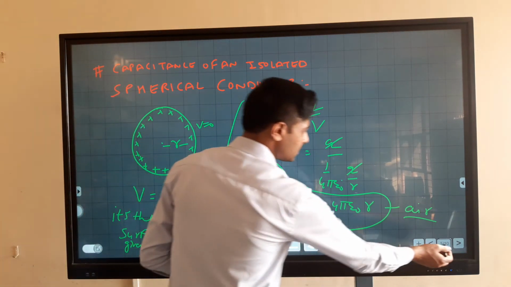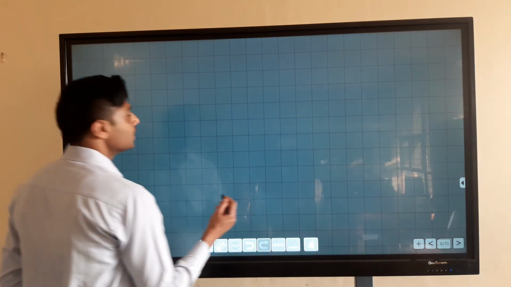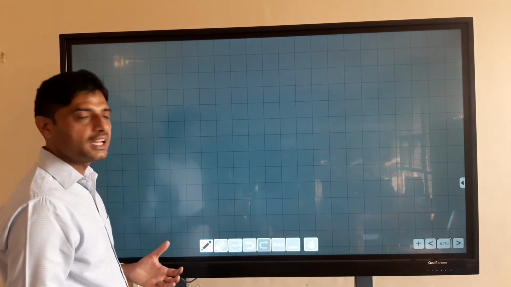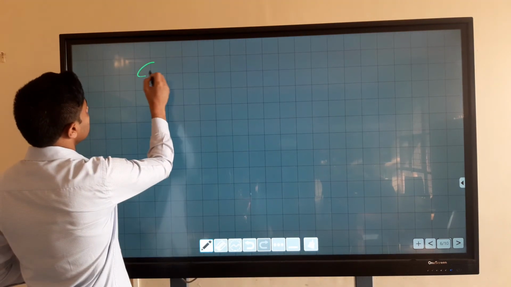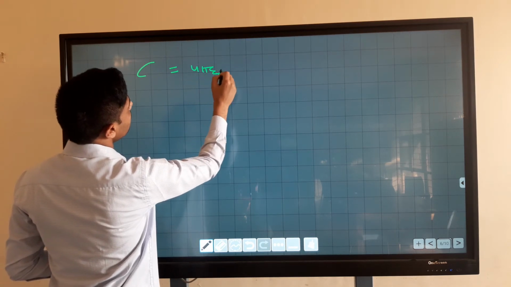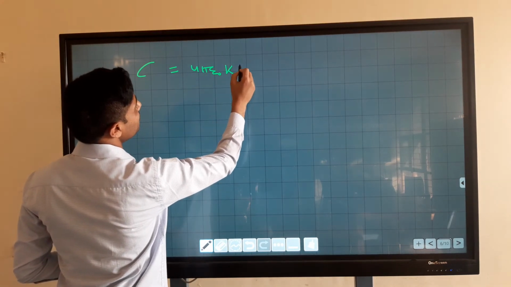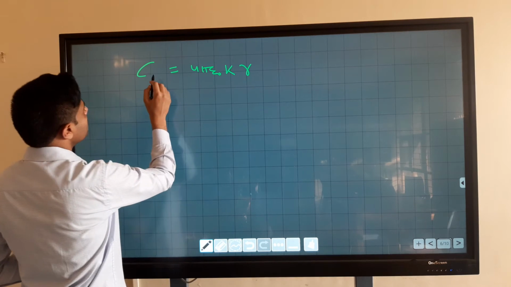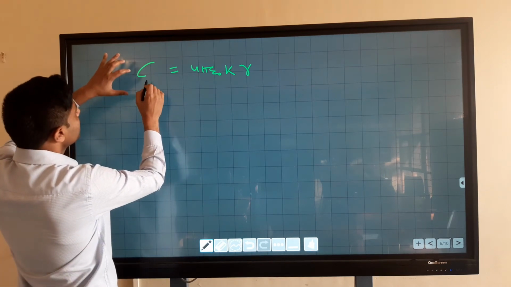If the medium is dielectric, then for a dielectric medium C = 4πε₀KR.